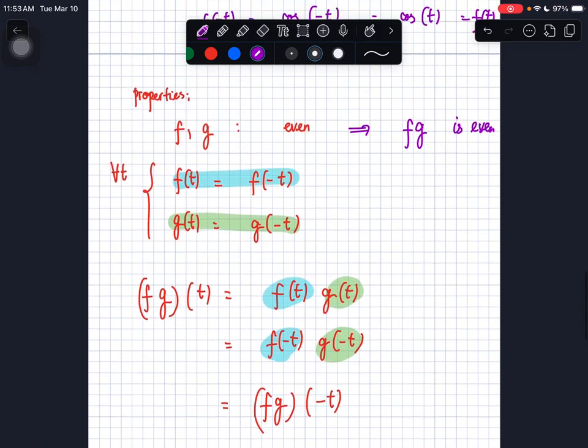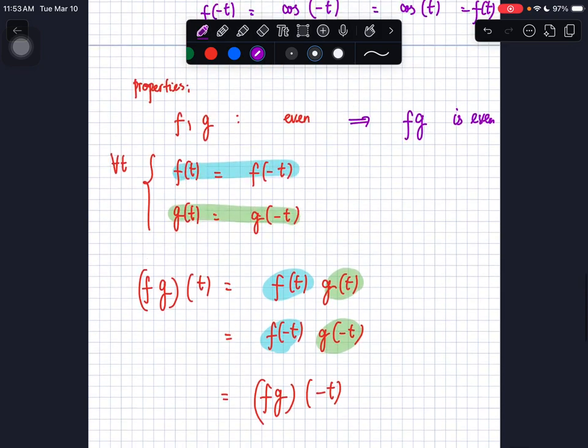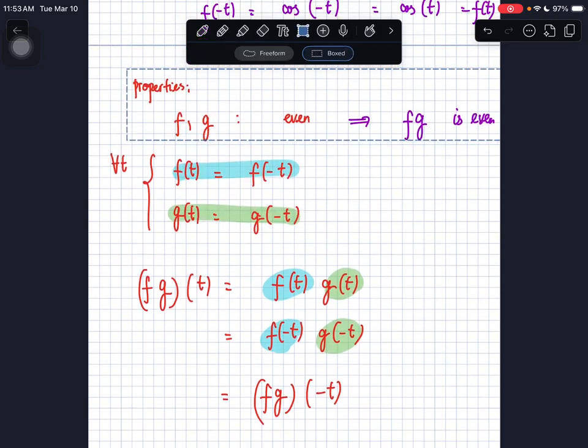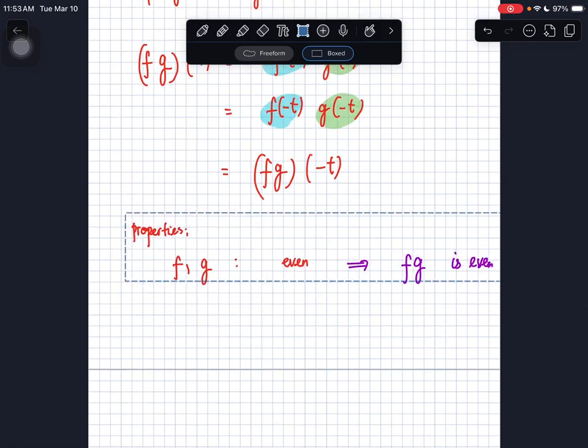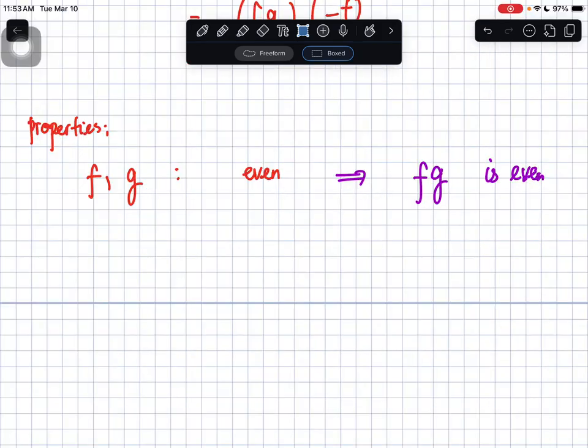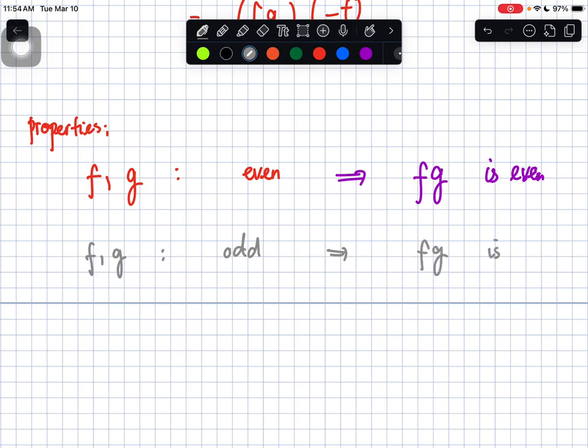And similarly, you can do it for odd functions. Now if f and g are odd functions, and you do the product, f times g is even. And the last one, if one function is odd, one function is even.